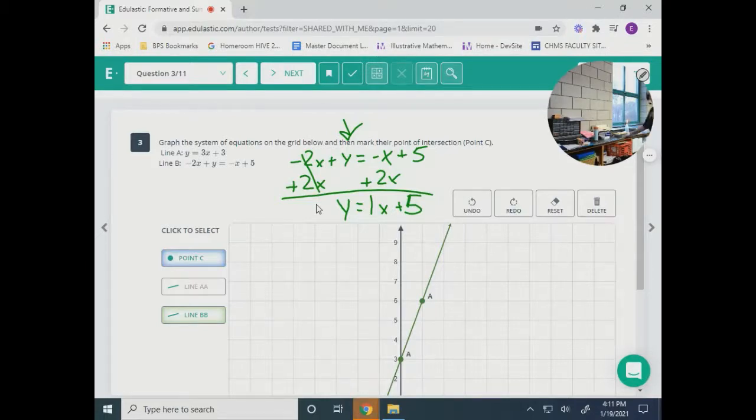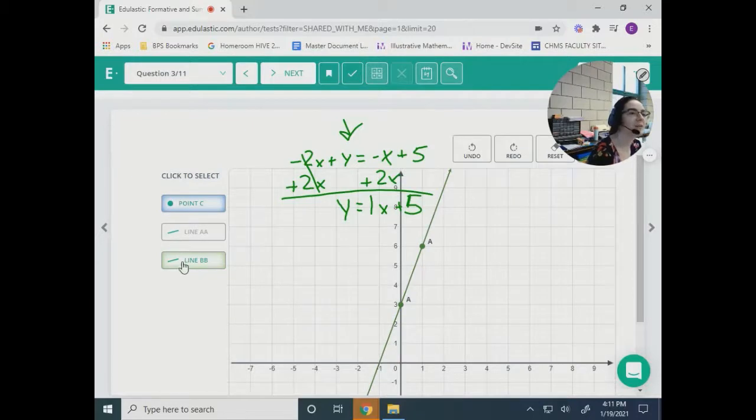So I need to come to my graph. I'm going to click this line B. What I think is important here is that you pick the right line for each one. This one has to be line A and this one has to be line B. You can't switch them. So make sure you're doing the right one for each. This one has a y-intercept of 5 and a slope of positive 1.